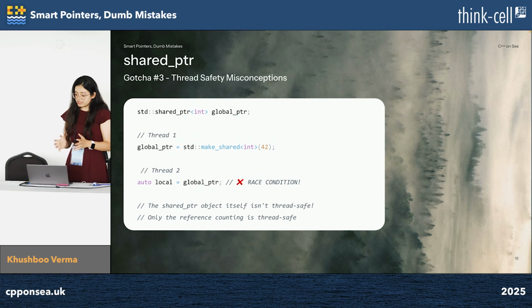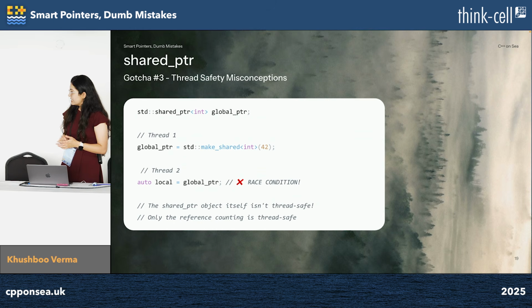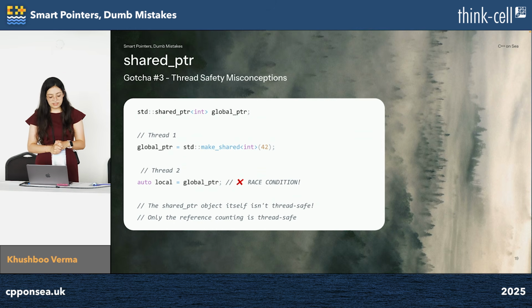After that, another one that could happen is the thread safety misconception that people usually have with pointers. A very common misconception with shared pointers is that many people think they are truly thread safe. That's not the case. The atomic reference counting protects against double delete. So the reference count inside a shared pointer is thread safe, but the shared pointer itself is not always thread safe.